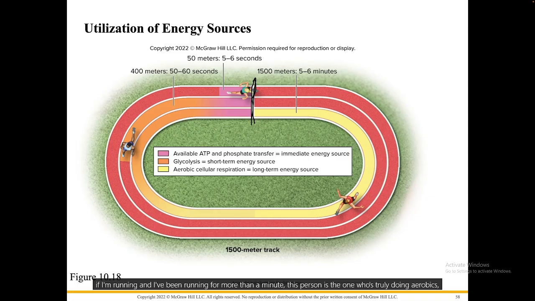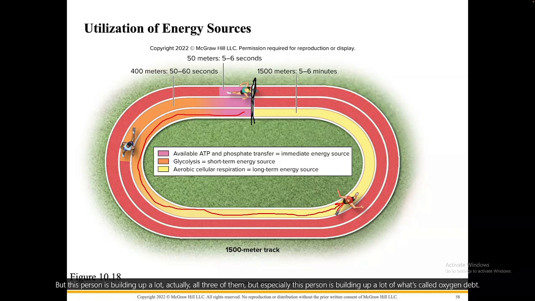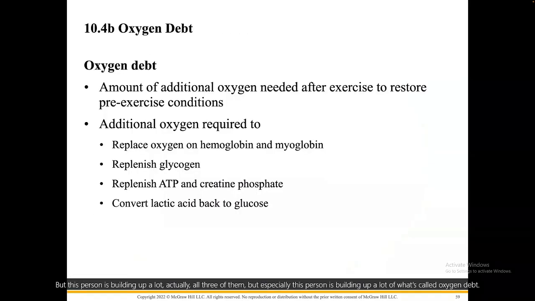The third one, if I've been running for more than a minute, this person is truly doing aerobic cellular respiration, having to go all the way down and activate those mitochondrial processes with the electron transport. But actually all three of them, especially this person, are building up a lot of what's called oxygen debt.